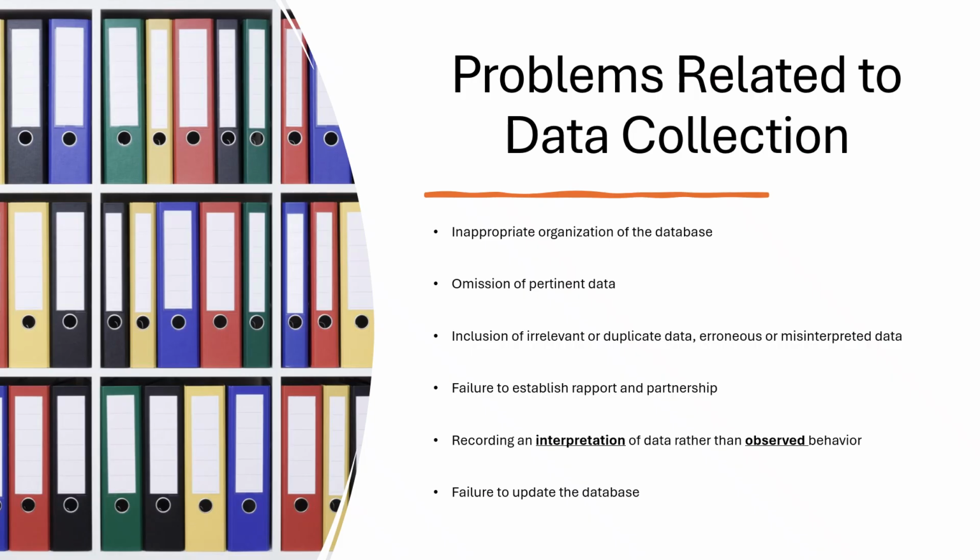Accurate data collection is essential for safe and effective nursing care. However, several common issues can compromise the quality of your assessment. Common problems include poor organization of the database, omission of important data, inclusion of irrelevant or duplicate data, misinterpretation or recording of erroneous data, failure to build rapport with the patient, documenting interpretations instead of observed behaviors, and not updating the database as the patient's condition changes.